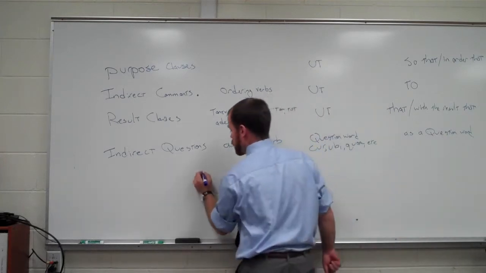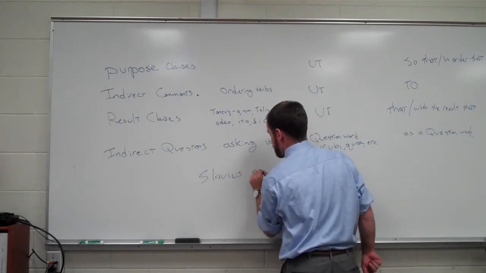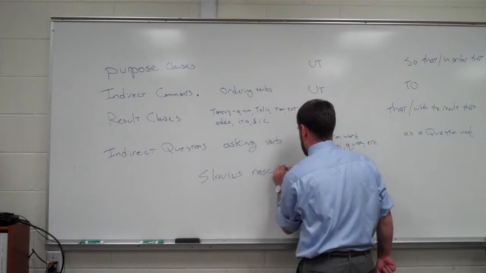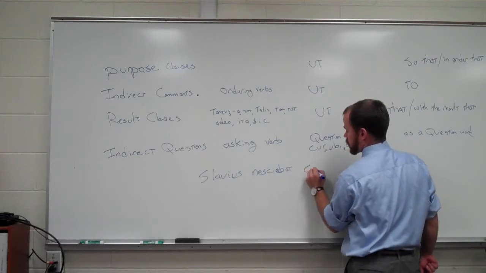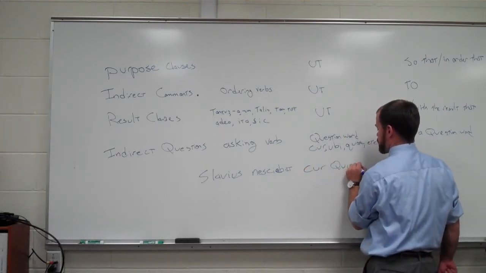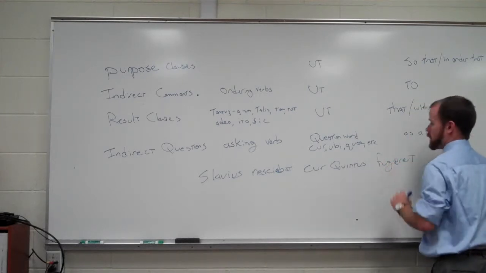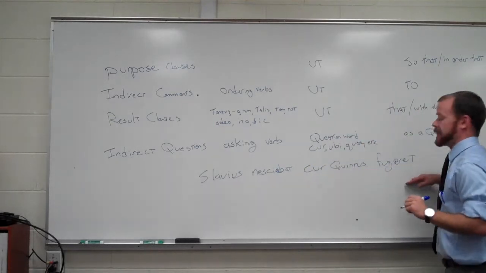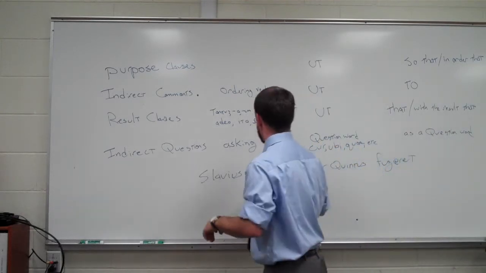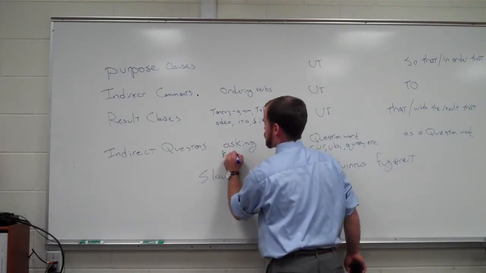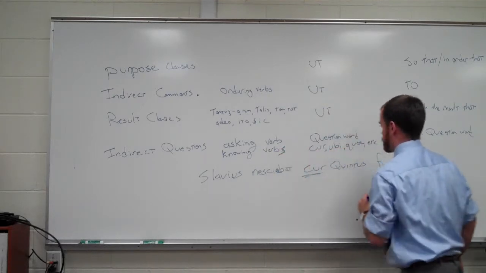So, for example, Salvius nesciebat, cur Quintus fugeret. So Salvius did not know why Quintus fled. All right. So we have that question word right in here, and then we have our subjunctive. And this is asking. I guess we can also add in here knowing verbs.